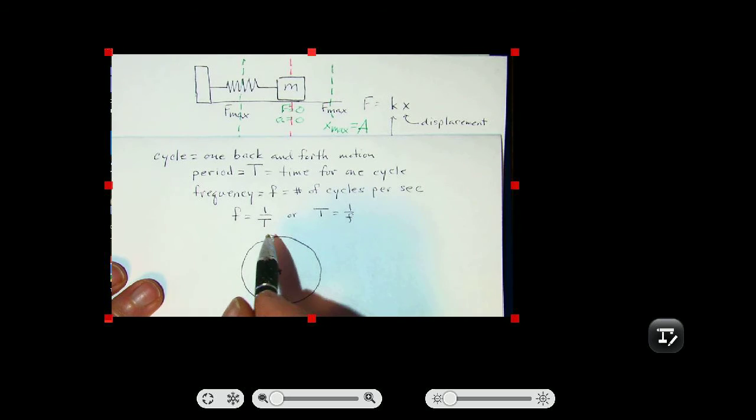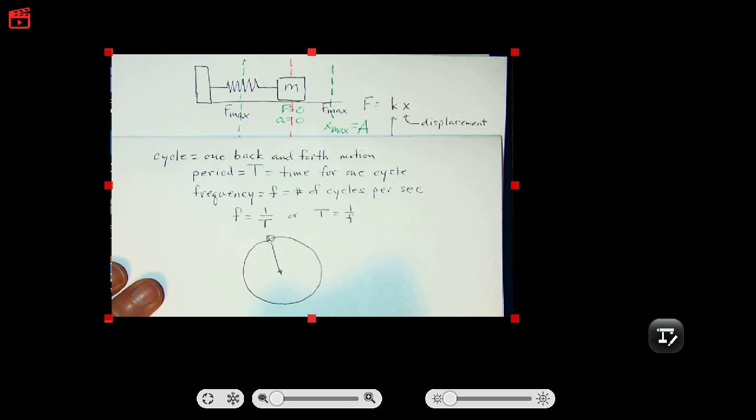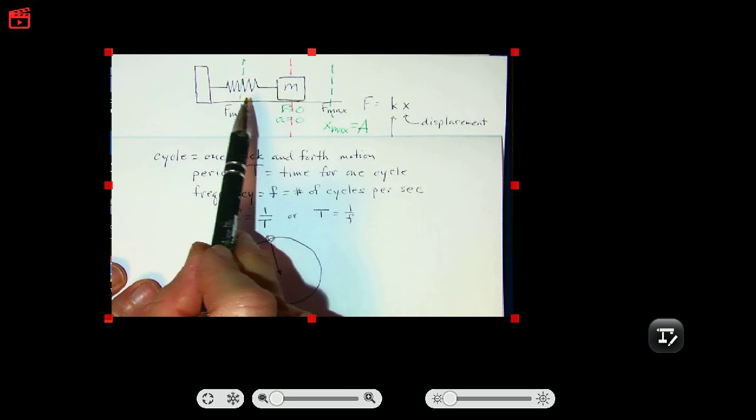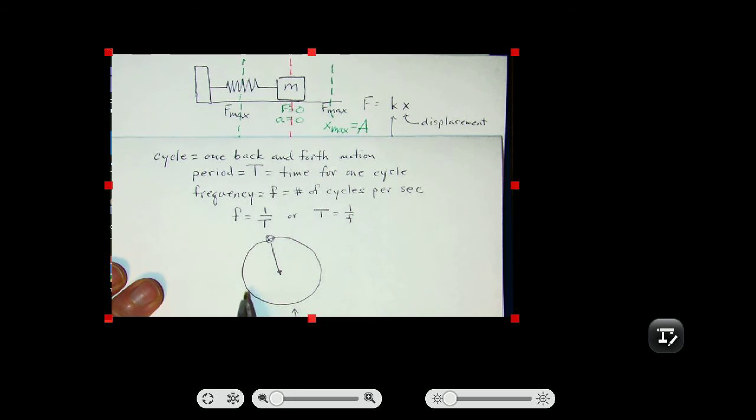Okay, and if I take this and look at it from the side, instead of the top, then what I see is, as it reaches this point, it looks like it's going the fastest.